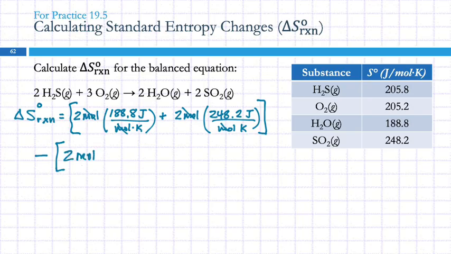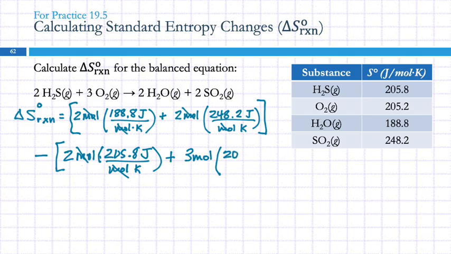There's 2 moles of H2S, and its entropy is 205.8 joules per mole Kelvin, plus 3 moles of oxygen times the entropy of oxygen.